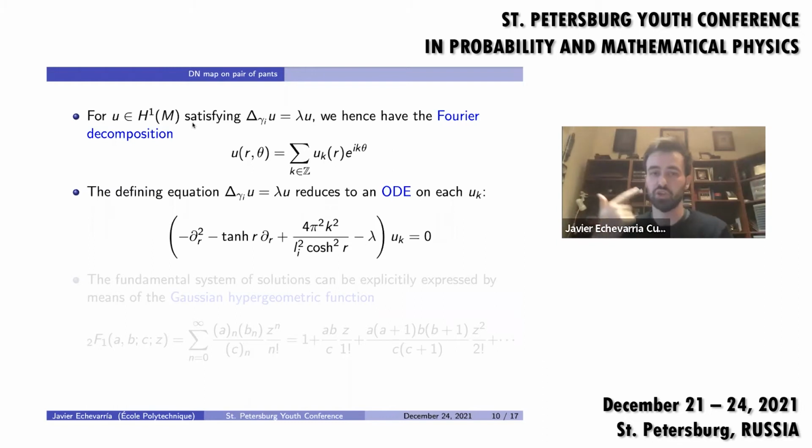So our solutions have a Fourier decomposition into the angle variable. So if we just assume that u satisfies the Laplace operator near that boundary, we can decompose it as such. And then when we apply the Laplacian, we get an ODE. I don't find it particularly pretty, but the nice thing is that it only depends on r.